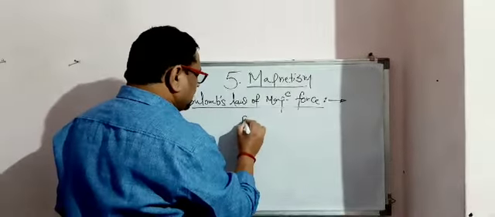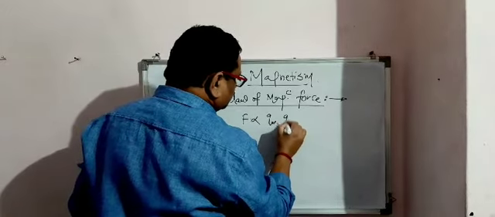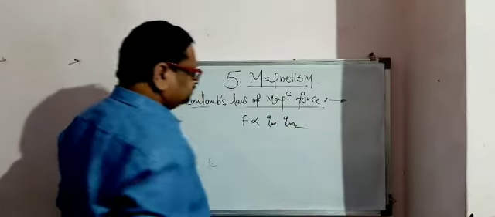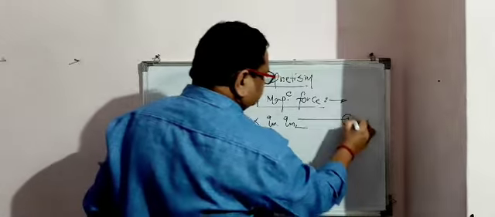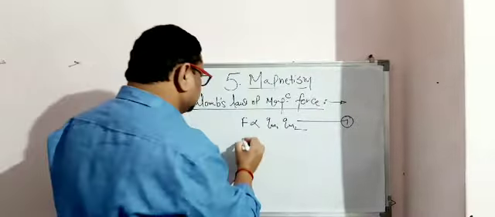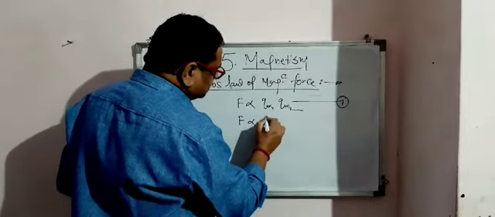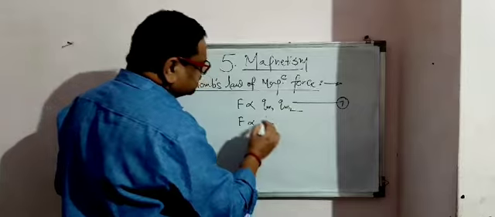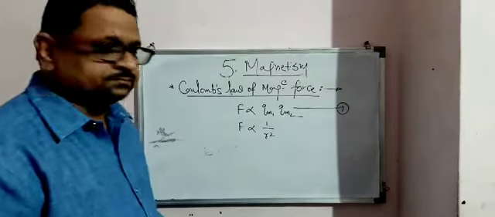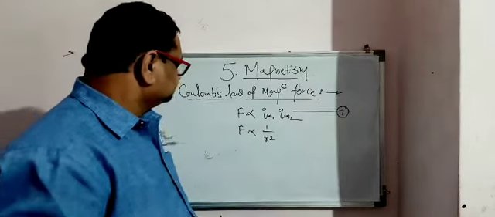That is, F is directly proportional to qm1 qm2. This is your equation 1. It is directly proportional to the pole strengths and inversely proportional to the square of the distance between them. R is the distance between qm1 and qm2.